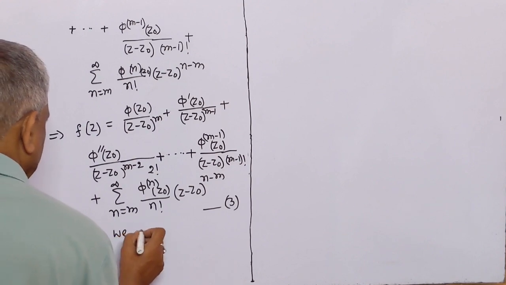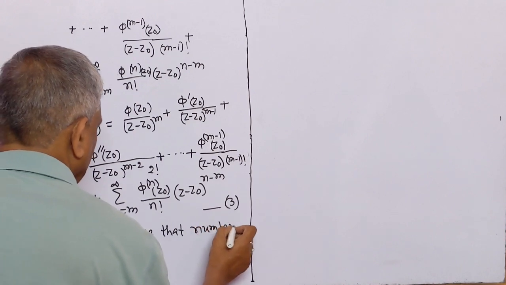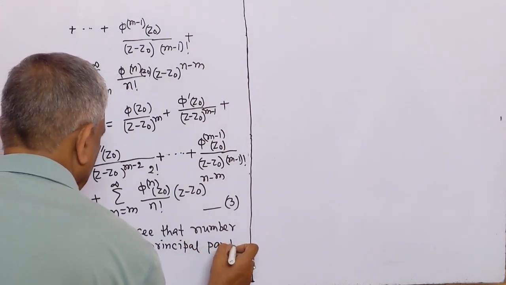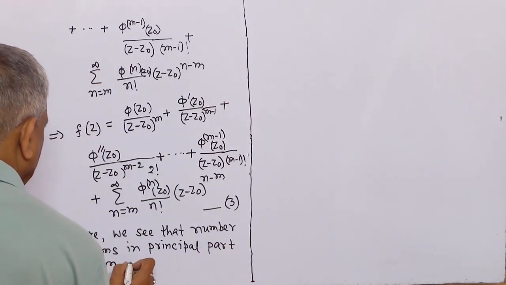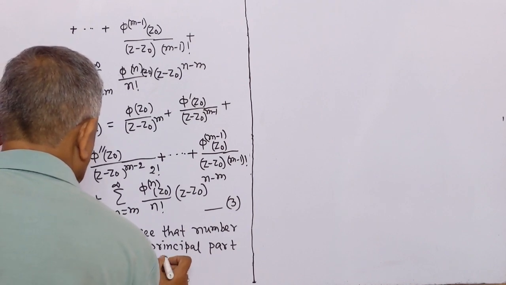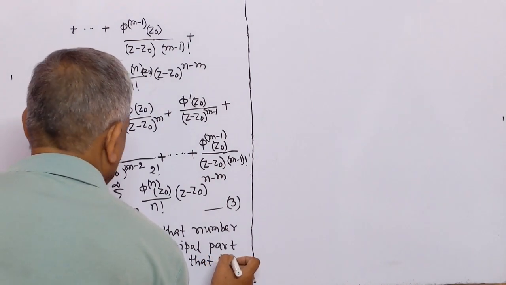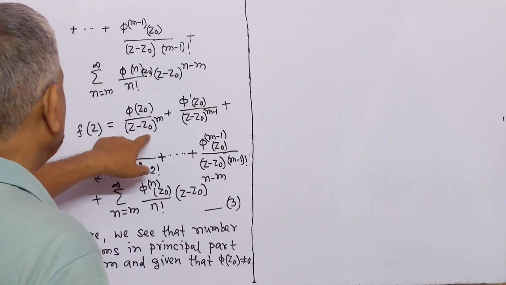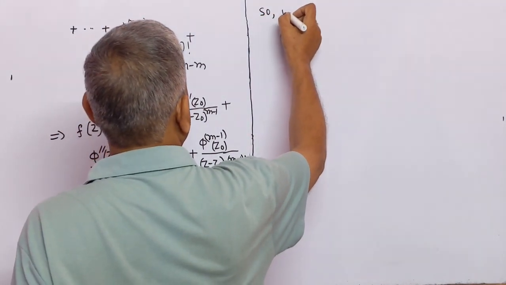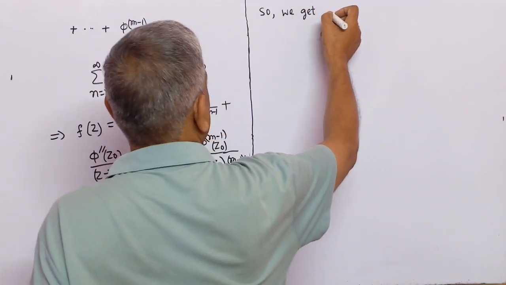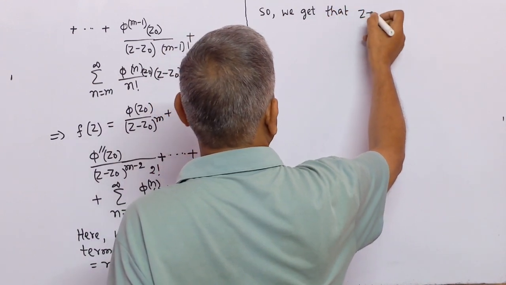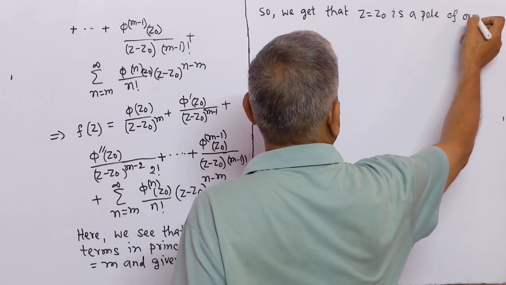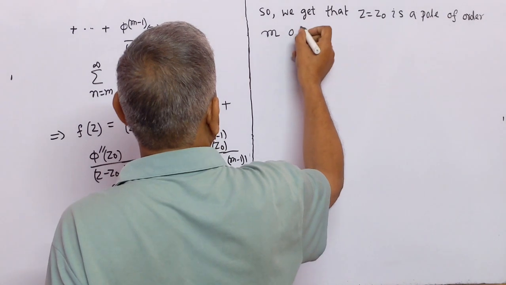Here we see that the number of terms in the principal part equals m, and given that phi(z naught) not equal to 0, this is not equal to 0, so we get that z equal to z naught is a pole of order m of f(z).